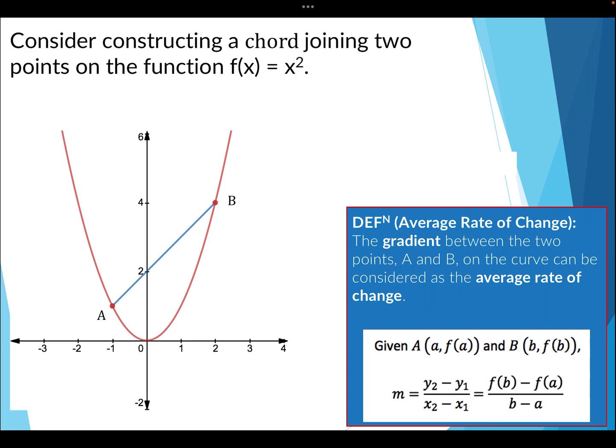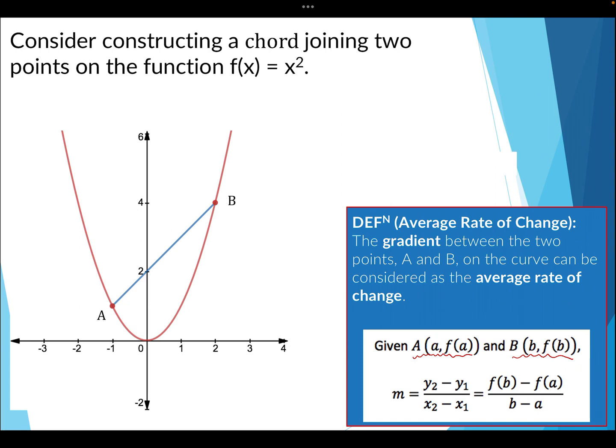So make sure that you know the definition of average rate of change. You can work out m equals y2 minus y1 over x2 minus x1. If A is (A, f(A)) and B is (B, f(B)), then m is f(B) minus f(A) divided by B minus A, which is the difference quotient.